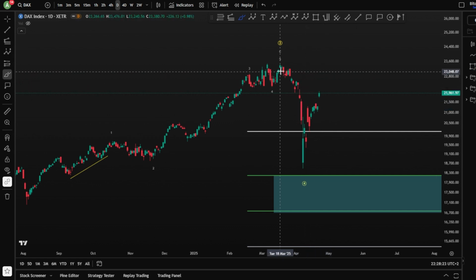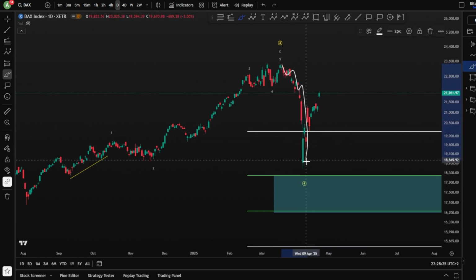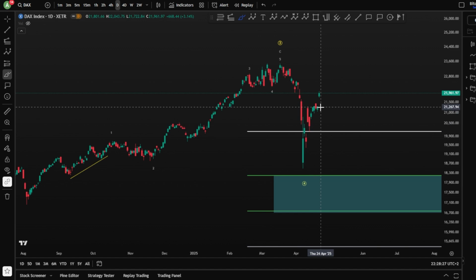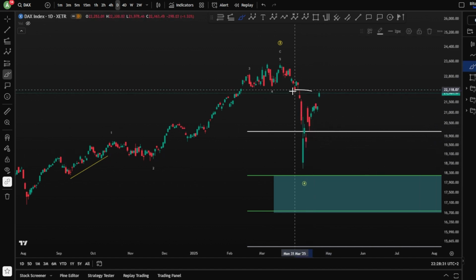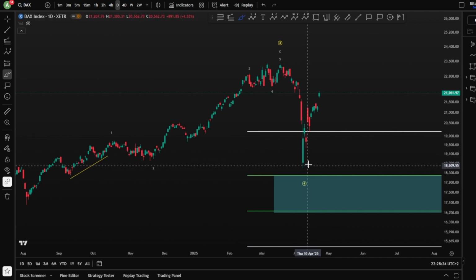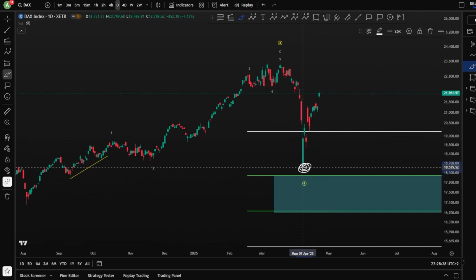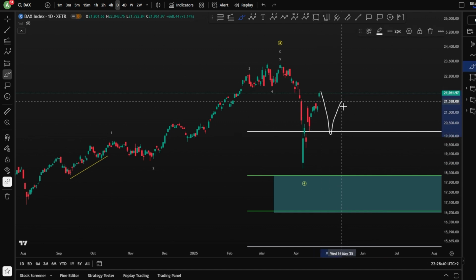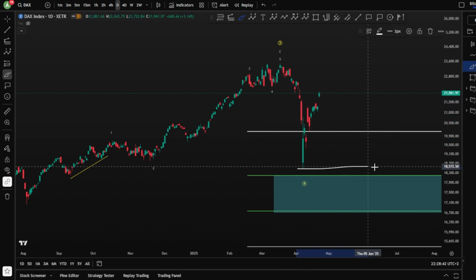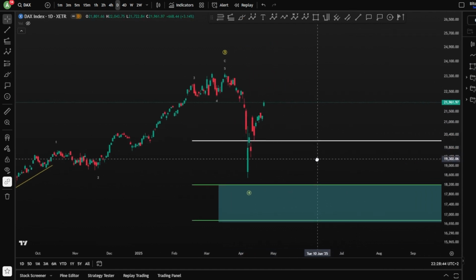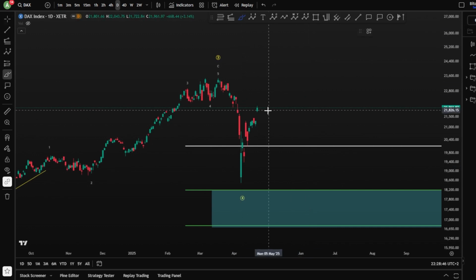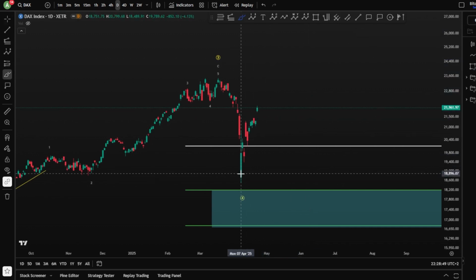Therefore, I can say that this correction was deep enough, and it might move towards the upside with a recovery. And by touching the wave 1, that means this low will not be taken anymore. And whatever is going to happen in this area, this low is the bottom, I would say. And then we are looking toward the upside.